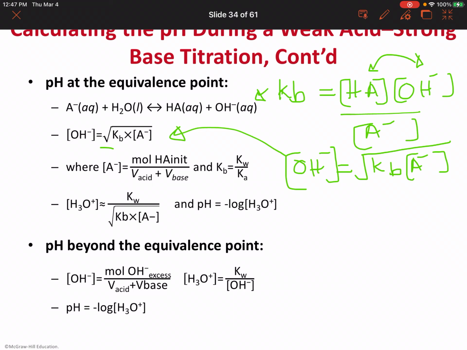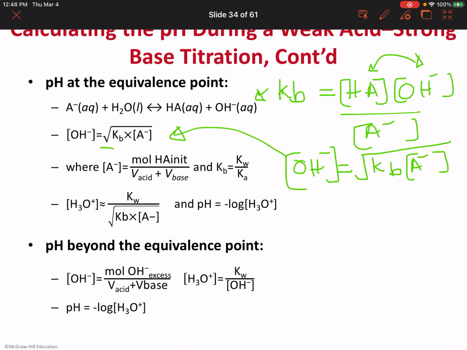Okay, so it is the square root of Kb times A minus. Now how do we find the A minus amount? Remember, from the titration, we have the initial number of moles of HA, which is your acid. If it is propionic acid, we can find the number of moles of acid that we added from the molarity and the volume.